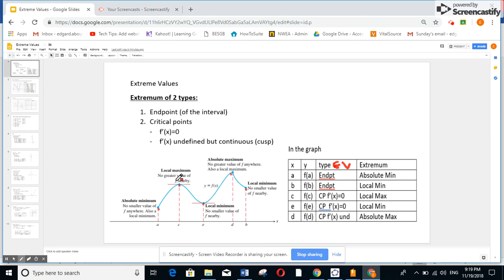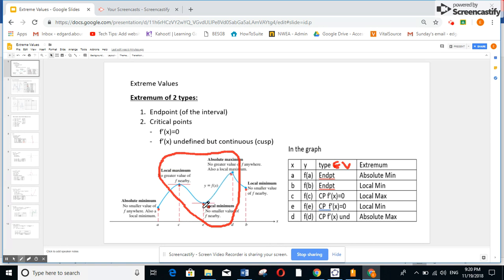However, if I go to the critical points, the critical points are the points of max or min inside the boundaries. So here at point C, it is a maximum and a critical point where the derivative equals zero, because it is not a cusp, it is a vertex. And that vertex is a local maximum. It's not absolute because this point is higher.